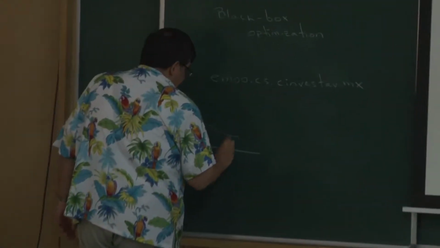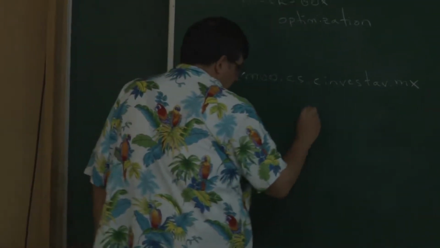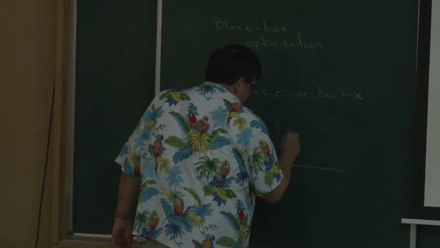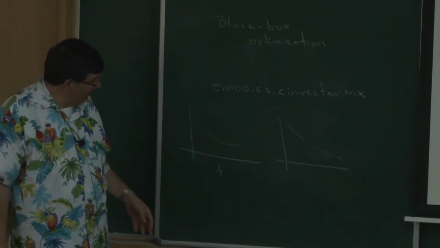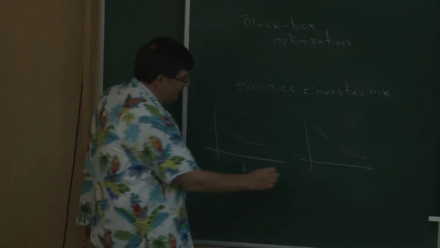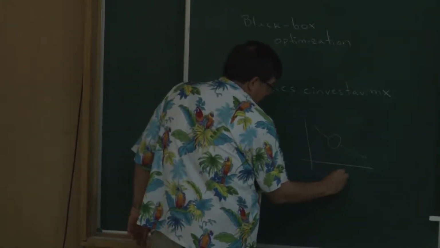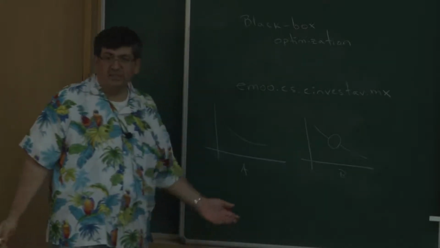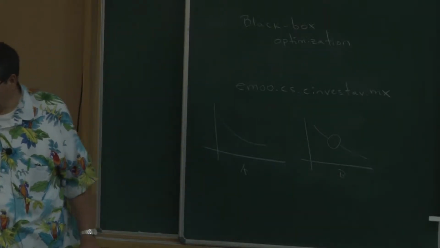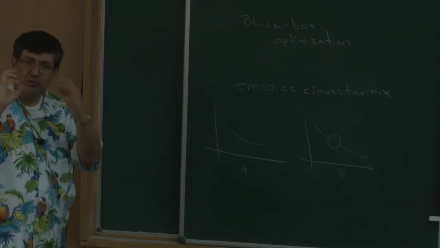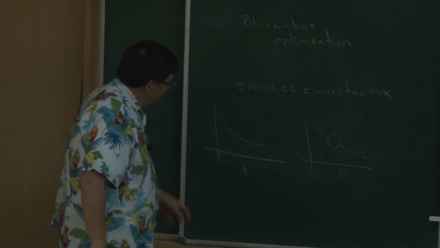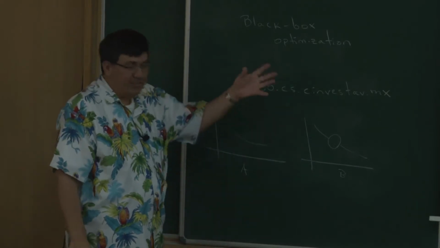And they say, for example, this is algorithm A, and this is algorithm B. And they will say, well, look how algorithm B is missing a portion here. So this was like an art appreciation class. You are teaching people how to look into pictures, but there were no measures.